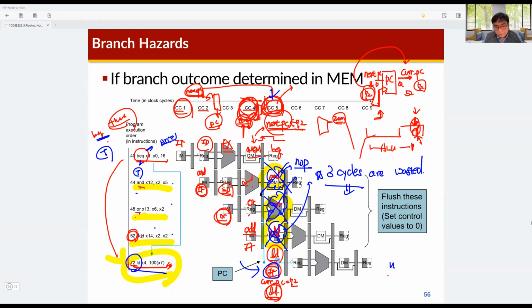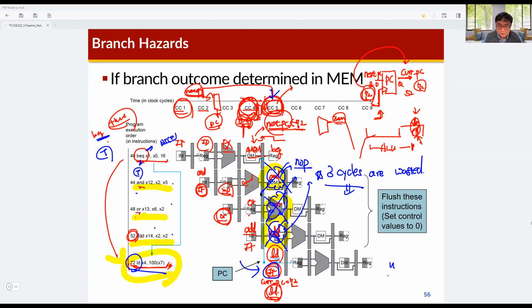If the next instruction is the instruction at PC plus 4, then we have no problem. Clock cycles are not wasted if the branch condition is false. But the problem is that if the branch condition is true, then the PC should be the target of the branch instruction.